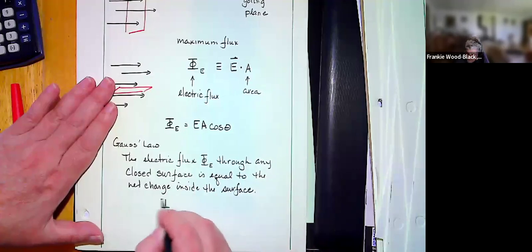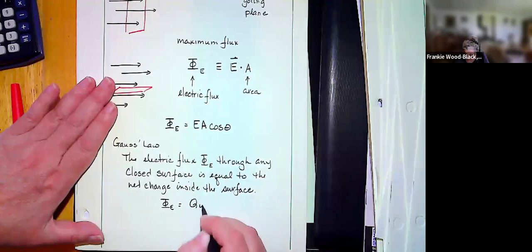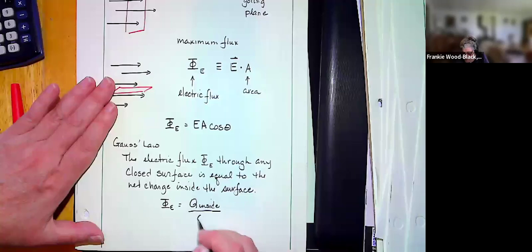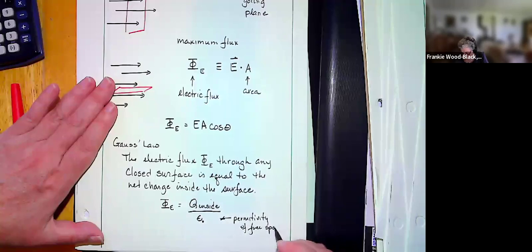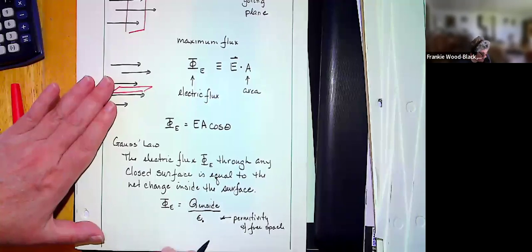Or I can write it like this, divided by something that we call the permittivity of free space. And it's a constant of the universe.